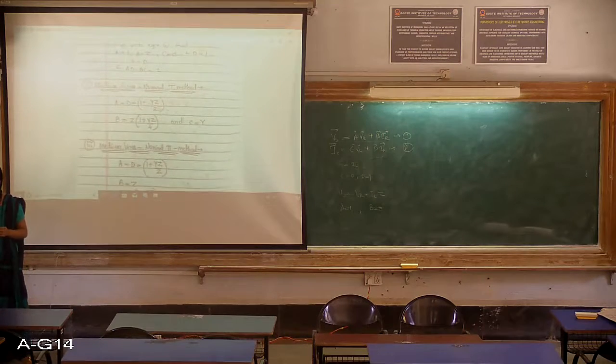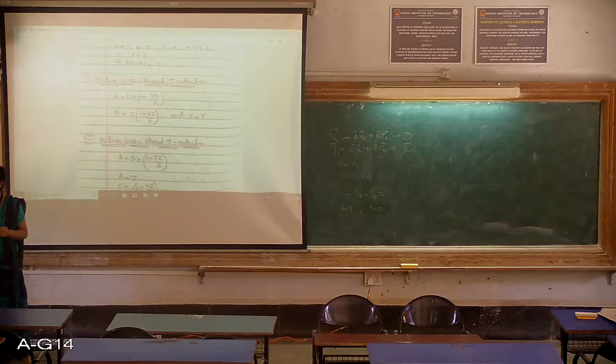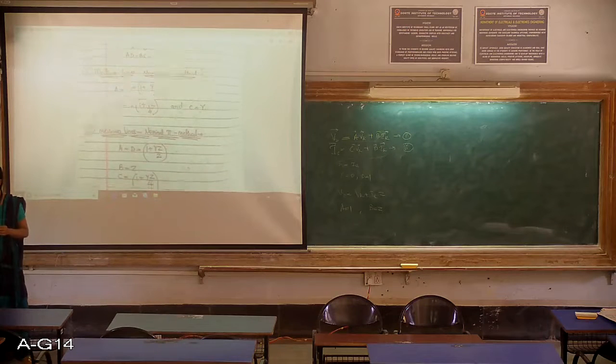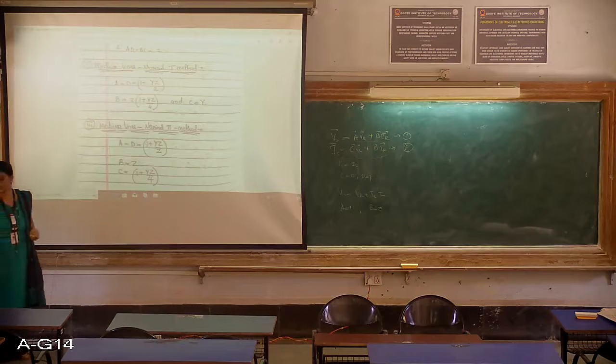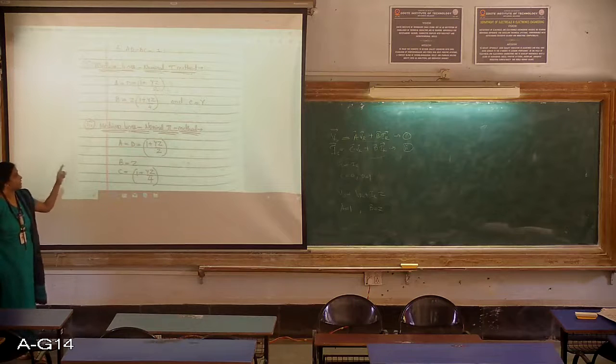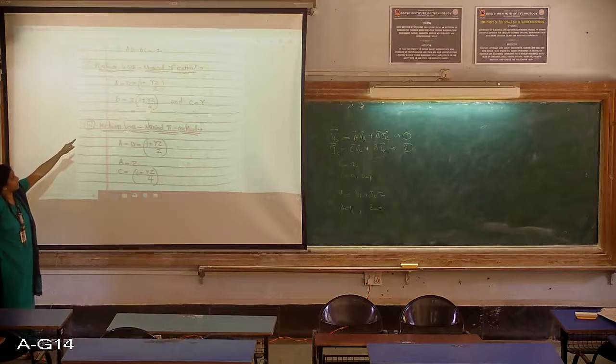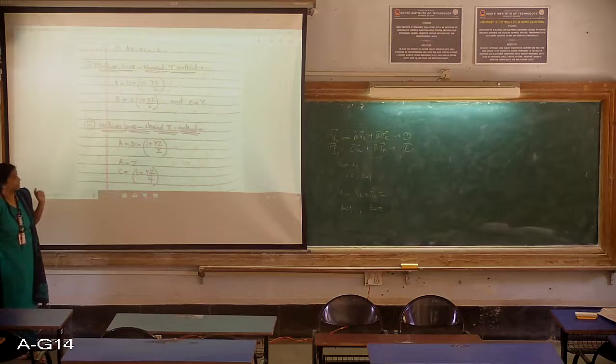So now come to medium lines. For medium lines, again you just write the expressions, and now I am taking case 1, nominal T method. We are not considering the end condenser method, only the T method and pi method. So here you will get A is equal to D is equal to 1 plus YZ by 2, and B is equal to Z into 1 plus YZ by 4, and C is equal to Y. This is for the T method.